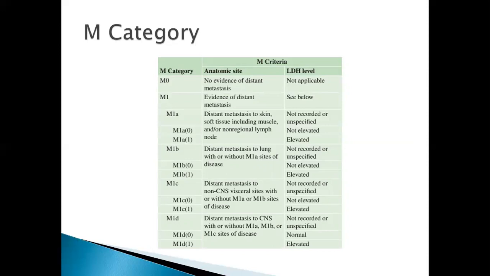Each subcategory has notes to specify the exact type of distant mets that the patient has. So M1A is distant mets to the skin, soft tissue, which includes the muscle, and/or non-regional lymph nodes. So if your patient has one or all of those, and that's the only metastatic disease that they have, then you would have an M1A subcategory.